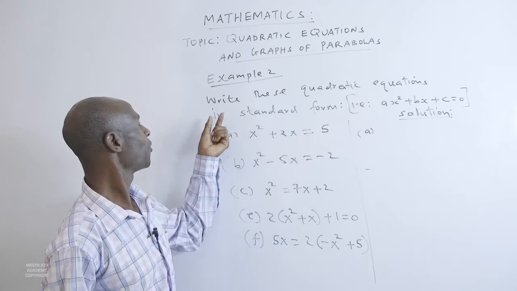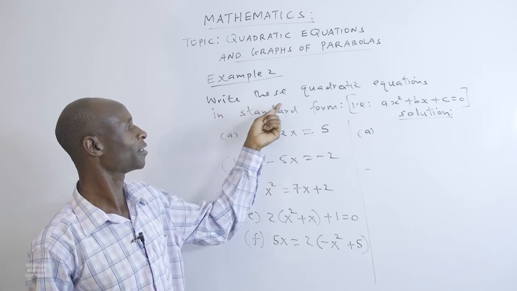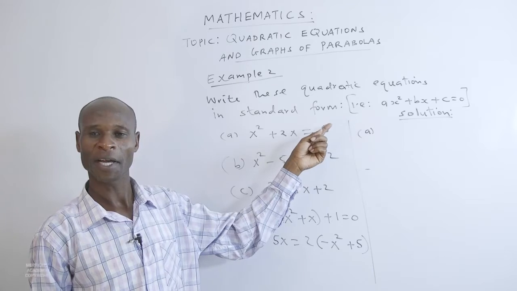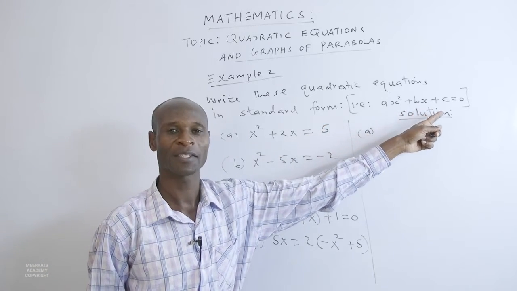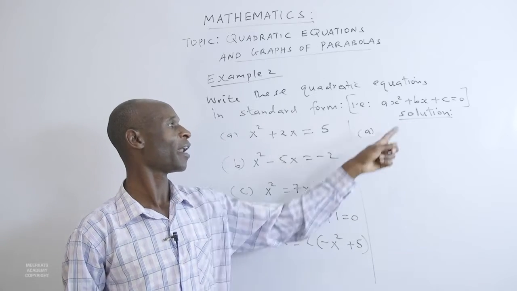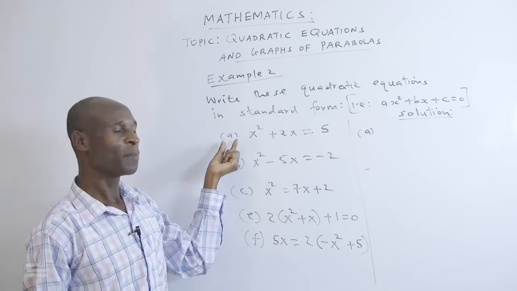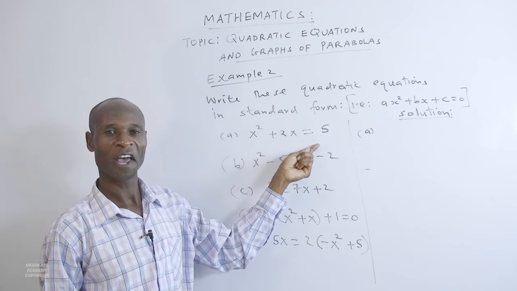Now, class, we have this second illustration where we are supposed to write these quadratic equations, which are given, in standard form, that is, in the form ax squared plus bx plus c is equal to 0, where a, b, and c are constants and a is not equal to 0. In part A, the equation is x squared plus 2x is equal to 5.